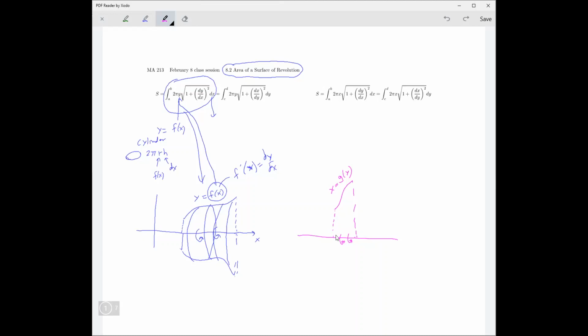Then you're rotating here. Trying to draw the reflection here. So you're rotating here. Now, if you take one of these discs right here, just take a thin slice out, so you have this disc. Then the thickness of the disc, let's see, what's the radius?